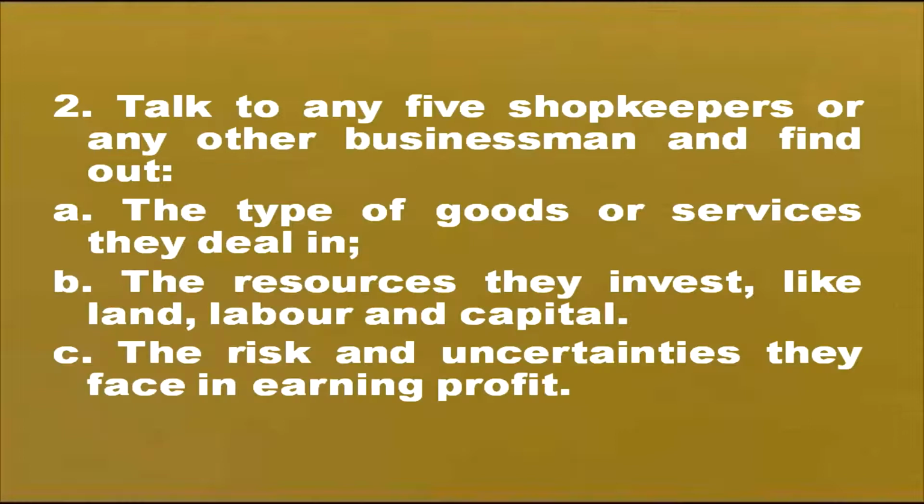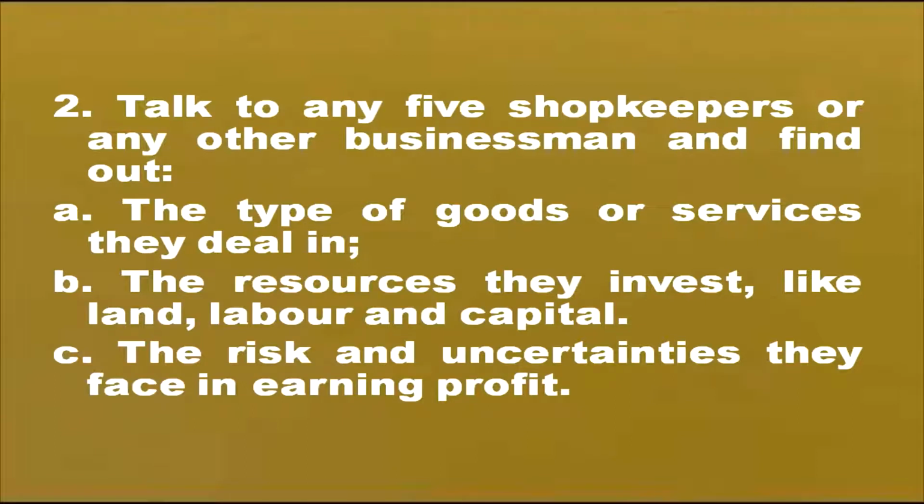Another report. Talk to any 5 shopkeepers or any other businessman and find out the type of goods or services they deal in, the resources they invest like land, labor and capital, risk and uncertainties they face in earning profit.